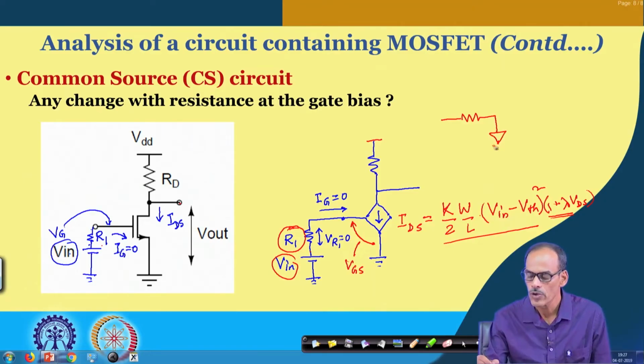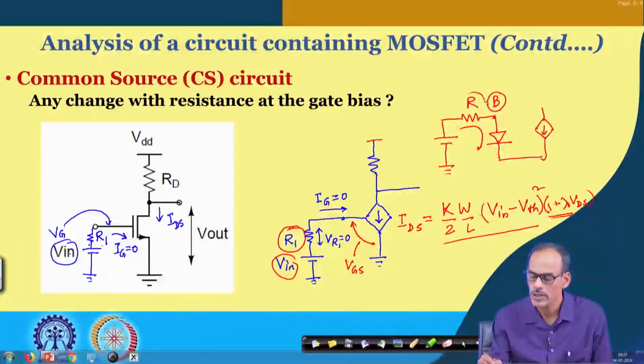In fact, this is a contrasting difference compared to the BJT circuit, where if you put a resistor and then apply, say, V in to bias the base of the BJT, then the current flow through this circuit will be affected by this resistance.